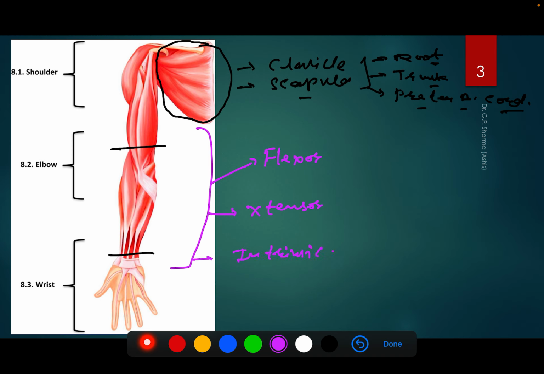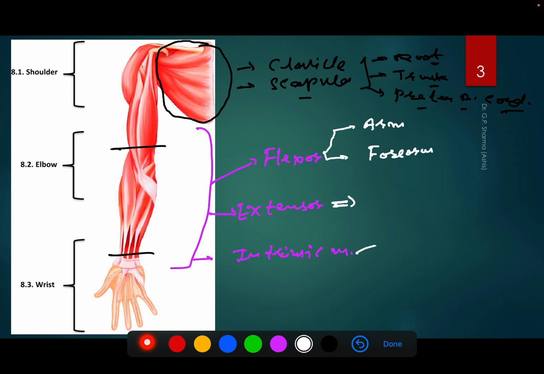Intrinsic muscles. So let's see this one. The flexor compartments, these are my extensors. Okay, so let's see the flexor compartments. The flexor compartment I divide further into arm flexor and the forearm flexor groups, right? Extensors common, right?